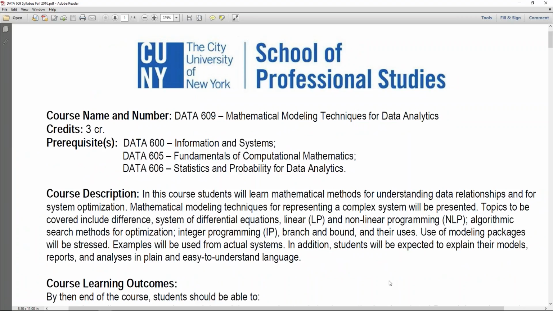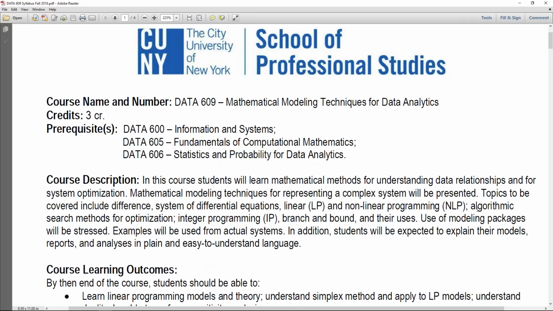As the name indicates, we're trying to build a solid understanding of the fundamental mathematical modeling techniques. The prerequisites are data 600, 605, and 606, especially 606, as you should have a basic understanding of statistics and probability, since we need those techniques to understand the different branches and modeling methodologies we are going to explore in this course.